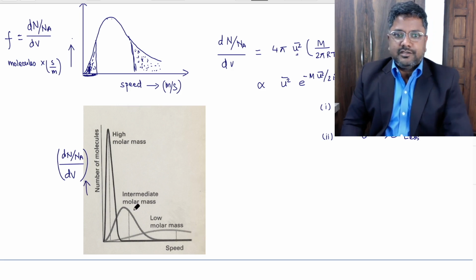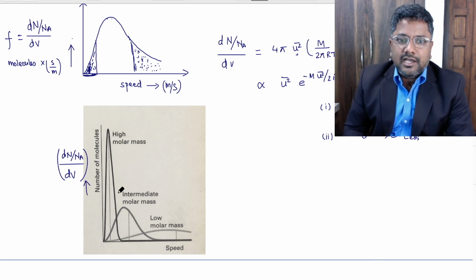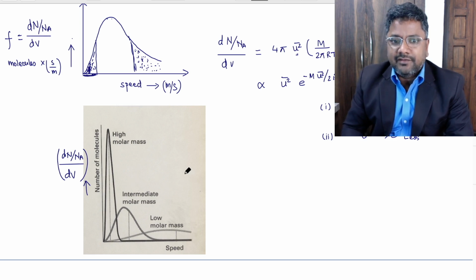And this is speed. See, if molecular mass is high, then the gas has lower molecular speed at a given temperature. T is constant here.